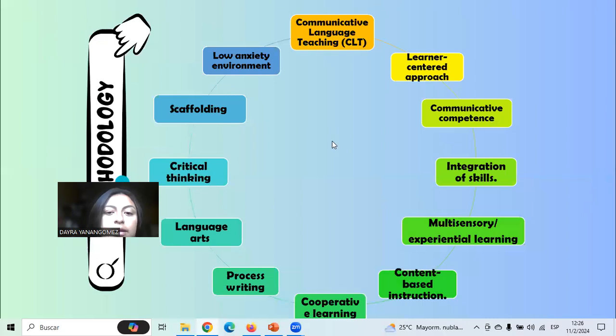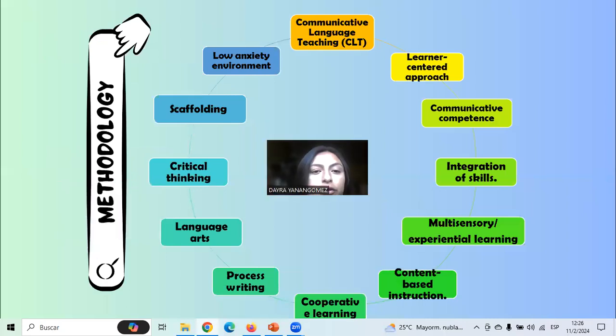Okay, in this case, we are going to talk about the methodology of the curriculum. The methodology helps teachers to give classes in the classroom. Here we have the approaches and methodologies that teachers have to apply with the students.